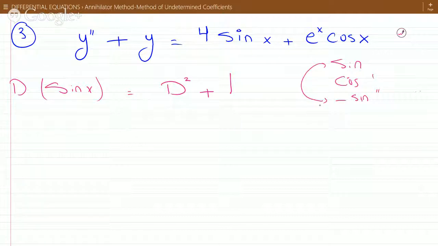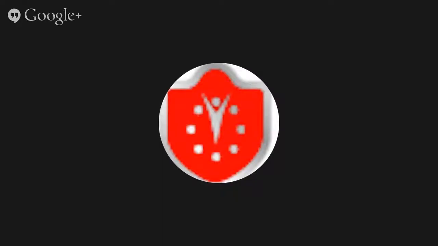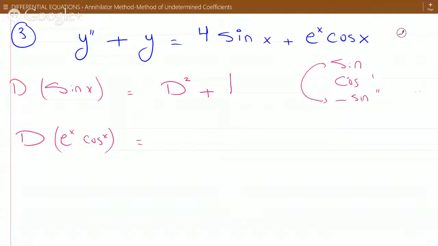Okay, now we need the annihilator for e to the x cosine x. Think about it. So let's do the derivatives here.